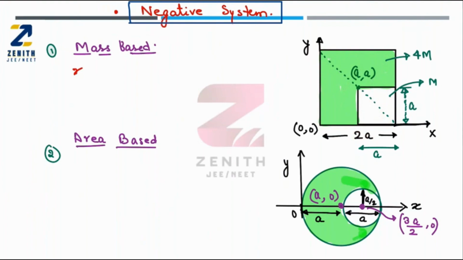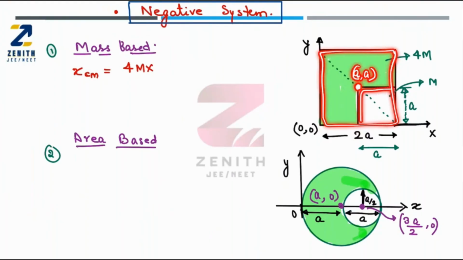What you will do again, xcm: 4m into, what is the center of mass of the first body? The first body is the complete body, whose center of mass is a comma a. Then the second body is this one. The center of mass coordinate will be, I'm talking about this one.